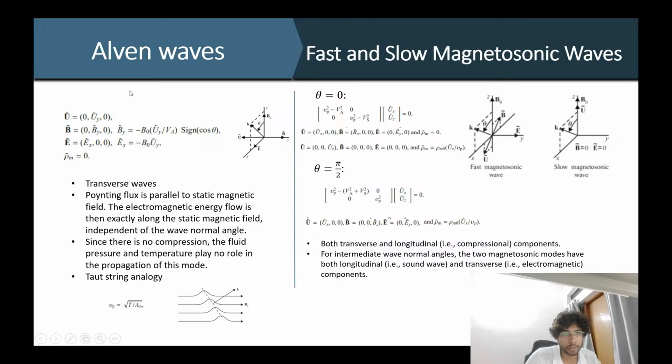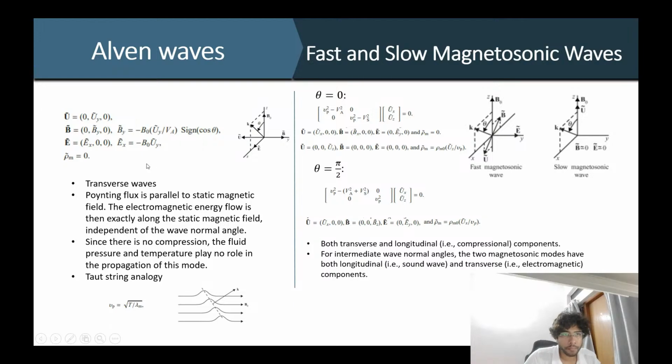So the Y cross Z will give you an X direction electric field, and the magnitude is just U_y B naught. Actually minus, because E plus U cross B is 0.